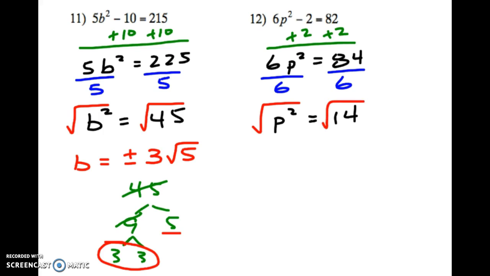We take the square root of both sides to undo the p squared. So we get p equals plus or minus. And then if you think about 14, it breaks down to 2 and 7. No pairs of anything, so it just remains the square root of 14. So for number 12, the answer is p equals plus or minus the square root of 14.